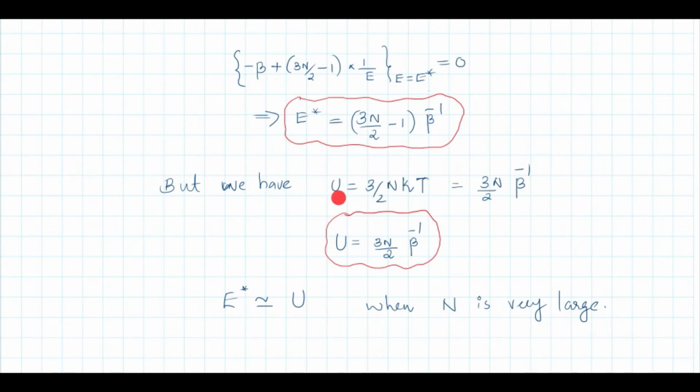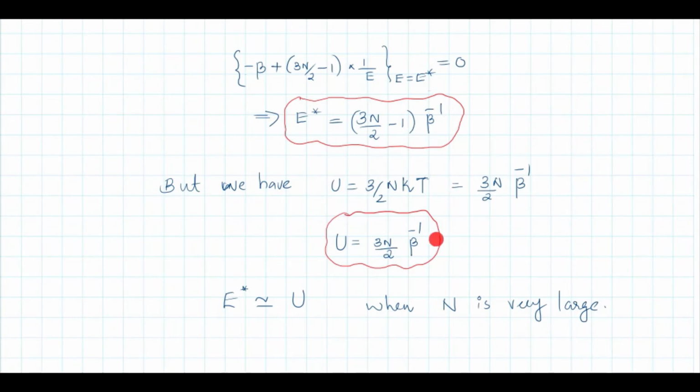We already have an expression for the average energy of a system. It is U equal to 3 by 2 n kT, and kT is nothing but beta raised to minus 1. So U is 3n by 2 beta raised to minus 1, and E star is 3n by 2 minus 1 beta raised to minus 1.